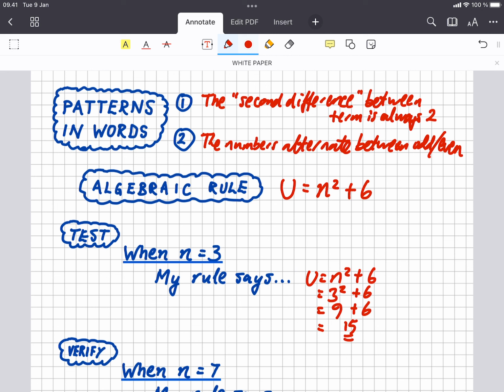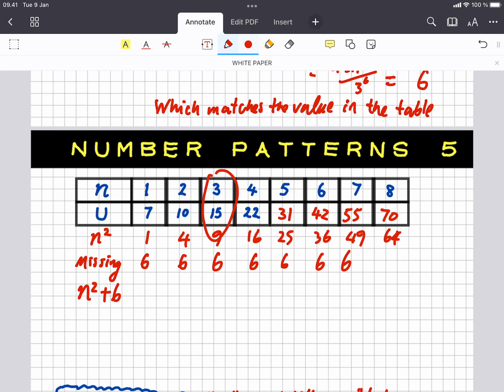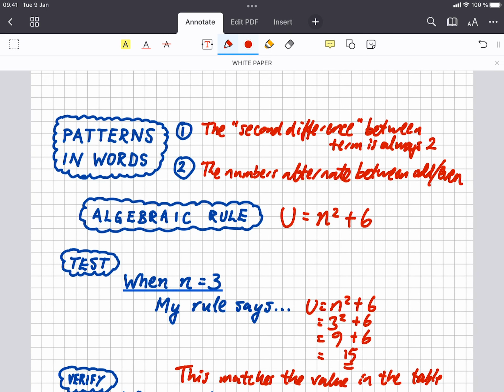So make the observation, this matches the value in the table. And then verifying is just doing the same thing, but for one of these higher up values where you yourself had to make the prediction for what goes in the box.